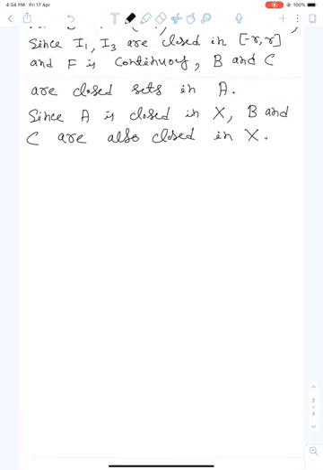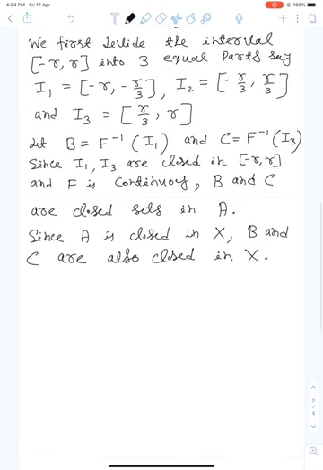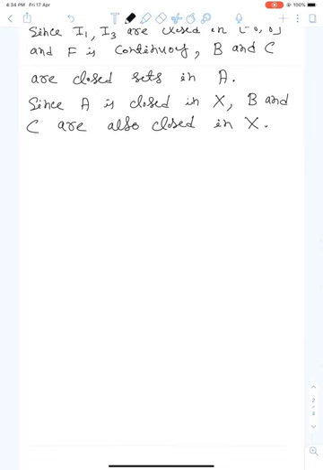This is also simple, right? Because the image of B is I1 and the image of C is I3. They are disjoint, right? Also, B and C are disjoint.